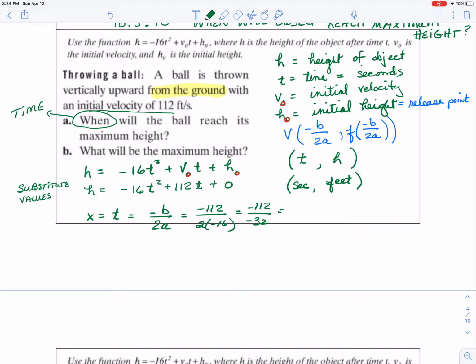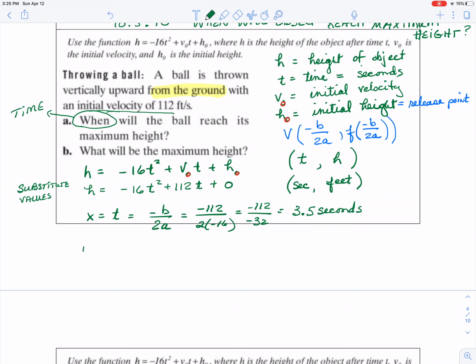That's 112 divided by 32, and that is 3.5, and remember this is in seconds. So it's going to take 3.5 seconds for this object to reach its maximum height.